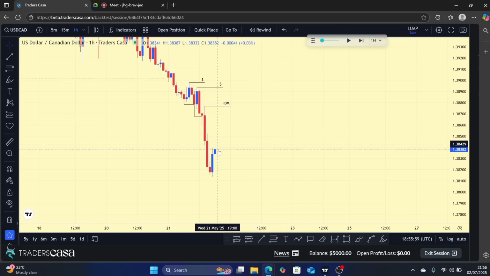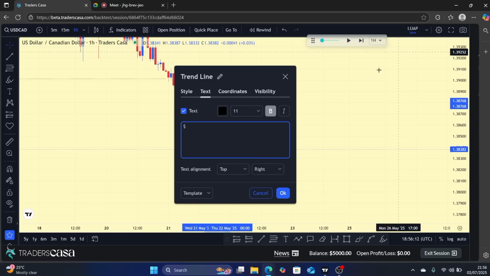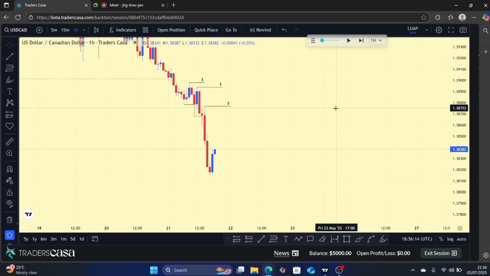So right here, I will not confirm this low to be a swing point, or confirm a break of structure, if at least one buy side liquidity is not grabbed by price retracing. Not until price retraces and grabs at least one buy side liquidity will I confirm a swing point and also a break of structure at the same time.